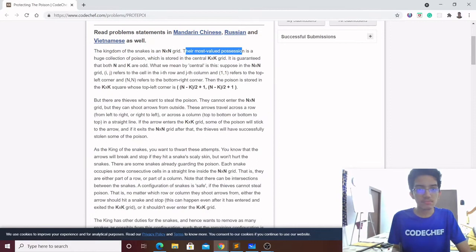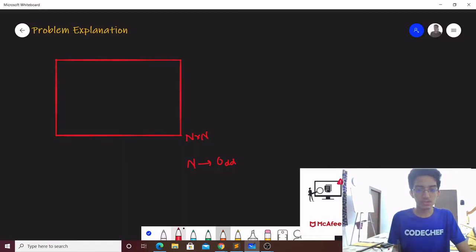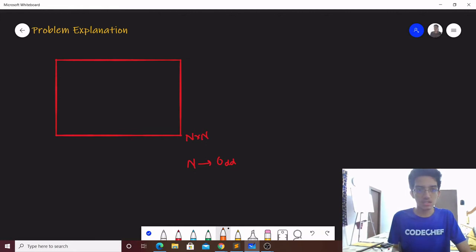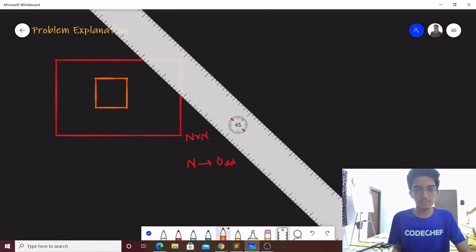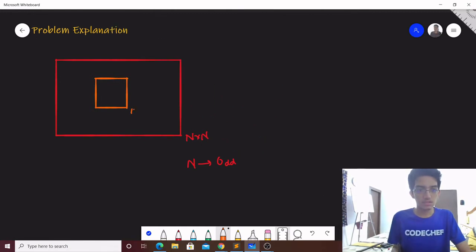Then we have poison stored in a k cross k grid. It is guaranteed that both n and k are odd. Next we are given a k cross k grid in which some poison is stored.